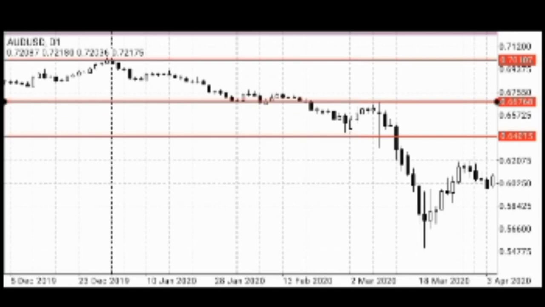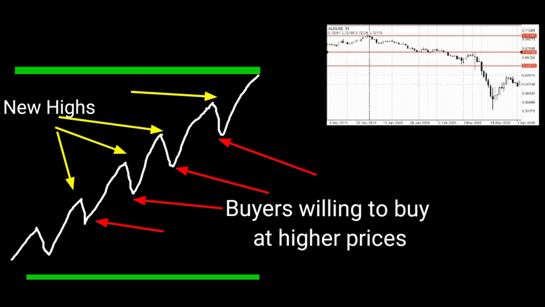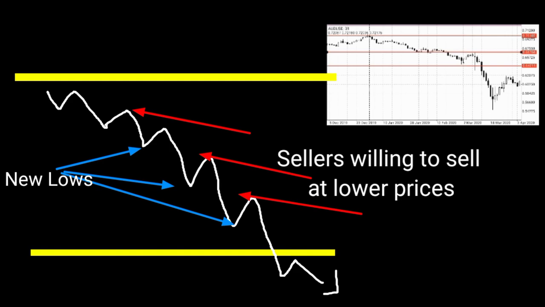What it actually means when you're having swing lows and swing highs in between is that buyers are willing to buy at a higher price and take the price to a new high, and sellers are willing to sell at a lower price and take the price to a new low.